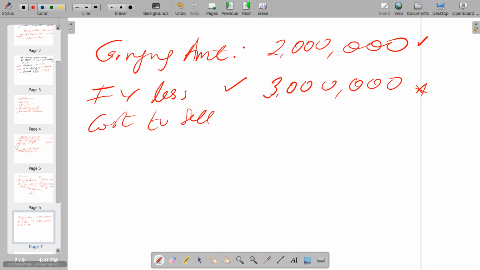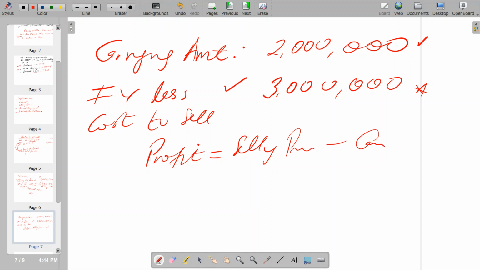And what it means is that if you sell the asset, you are going to make a profit of 1 million, because profit on disposal is the selling price minus the carrying amount. The profit is equal to selling price minus cost price.